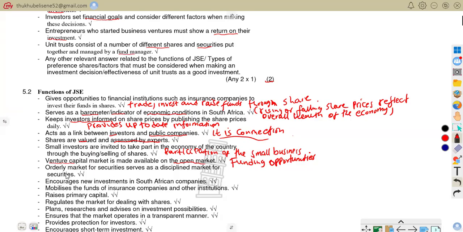Also, another point: an orderly market for securities serves as a disciplined market for securities. It means it is going to ensure fair and orderly trading under strict rules.